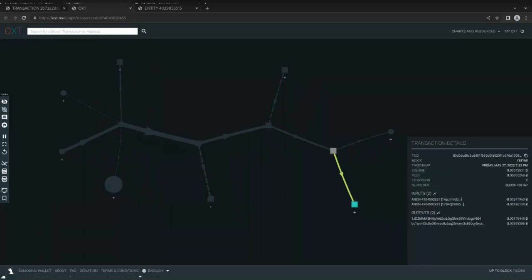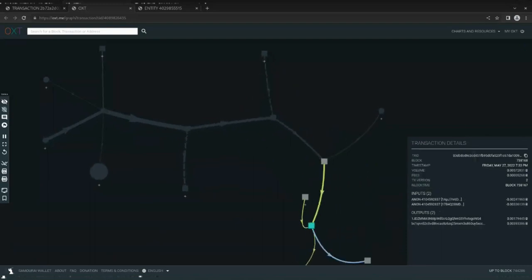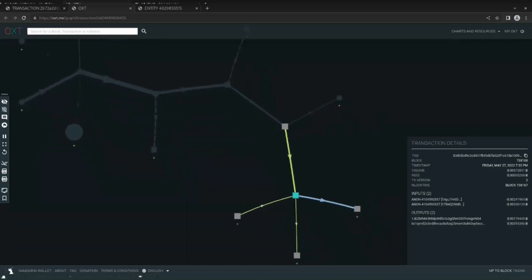And now we come to a transaction that has 2 inputs. We've already got one of those inputs expanded. There's another input here. And if we apply the unnecessary input heuristic to this transaction, what we'll see is that this 0.039 Bitcoin output is likely the payment.